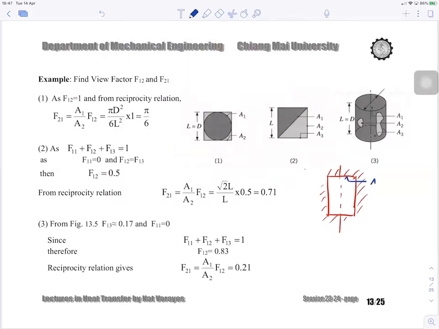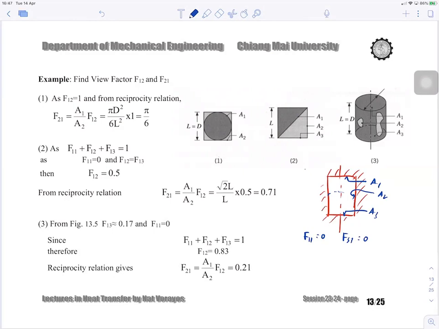Surface 1 is on the top. Surface 3 is on the bottom. And you have the inner surface, the lateral surface. You call it surface 2. Now, you know right away that F11 is going to be 0 and F33 is going to be 0 by your intuition.